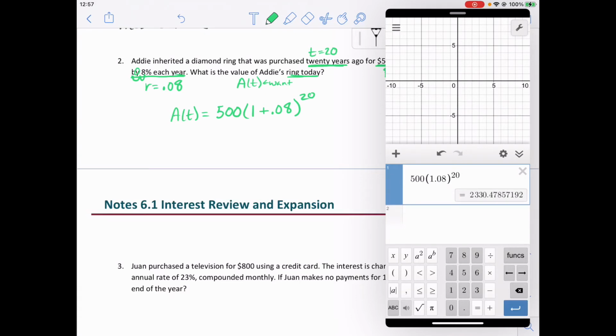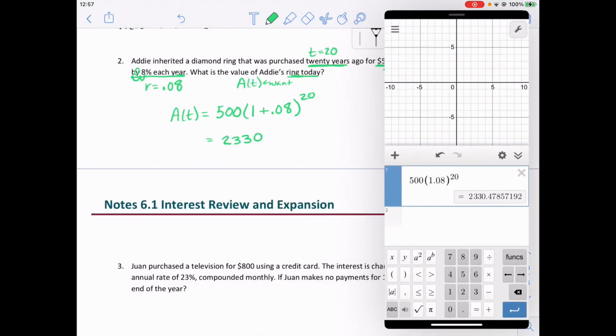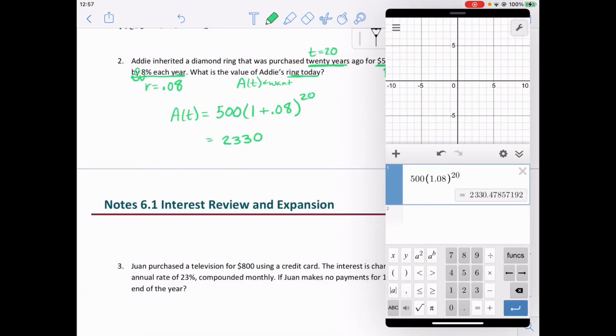And we get 2,330 point, let's round up, $48. Remember this is dollars, so we're going to give it 2 decimal places. So that would be our answer.